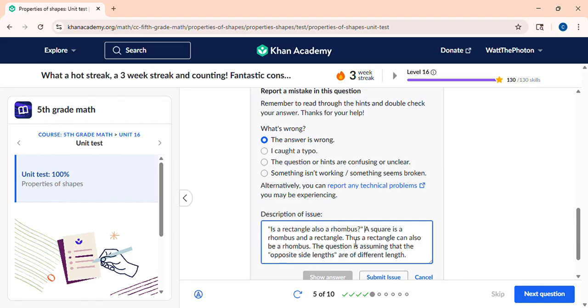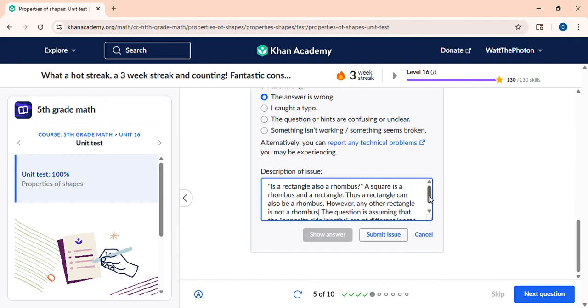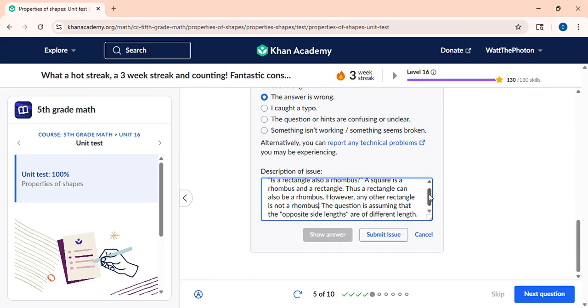However, any other rectangle is not a rhombus.